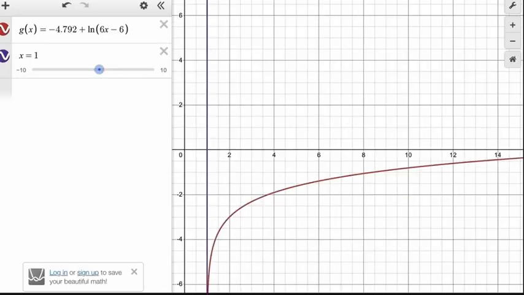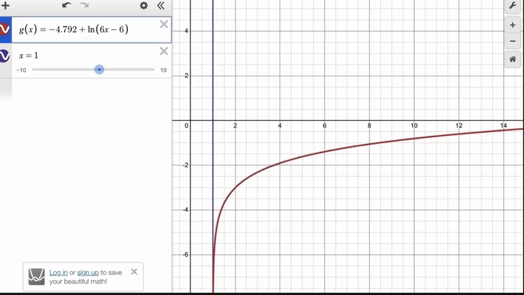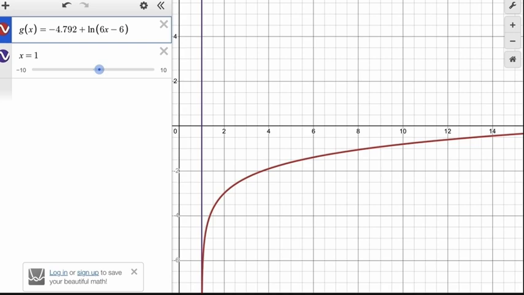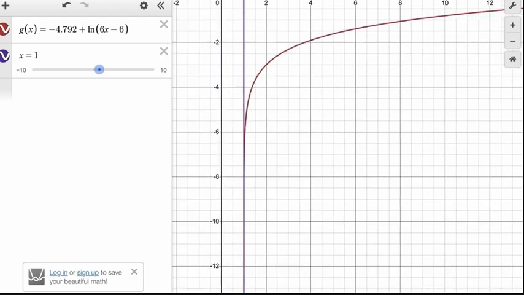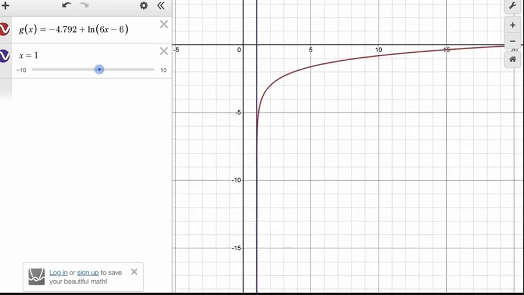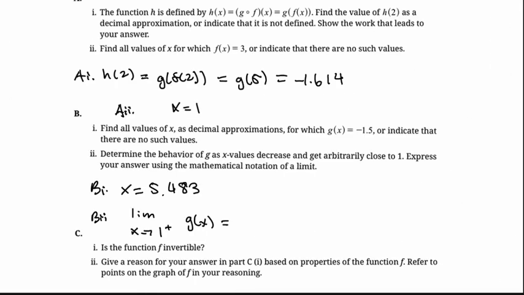I graphed the line x equals 1, and we can see that as x approaches 1, so that means as it goes along the red curve and it goes towards 1, the value of g of x approaches negative infinity. You can see here it just becomes much more negative. So this means the limit as x approaches 1 from the right side, g of x equals negative infinity.